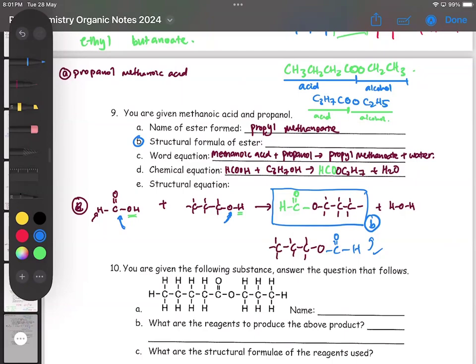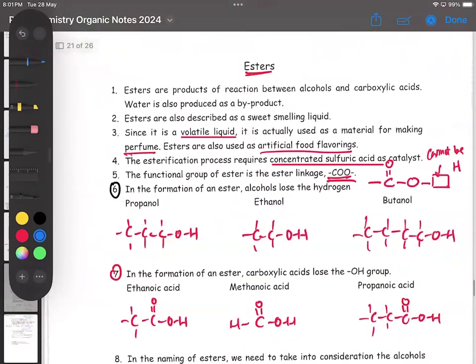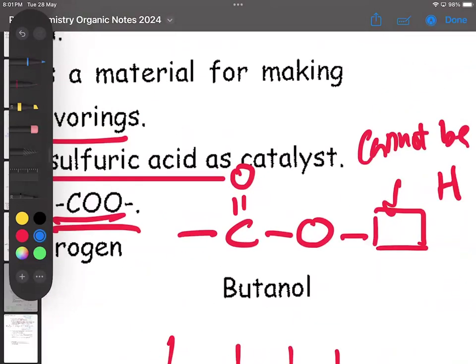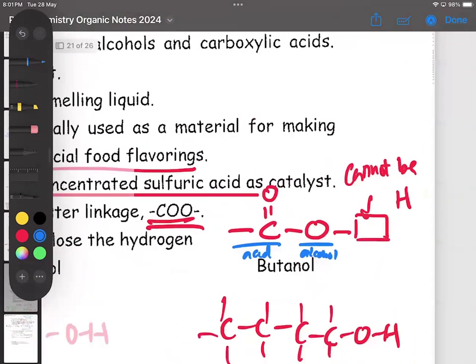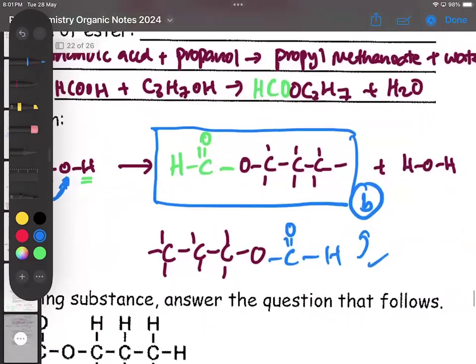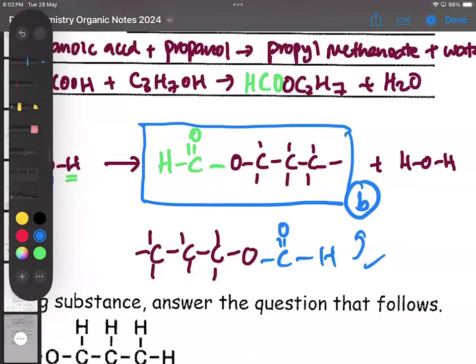Don't forget the ester linkage must have this structure COO, where this side comes from the acid side, this O comes from the alcohol. That's why the structure will look like this. Understand?